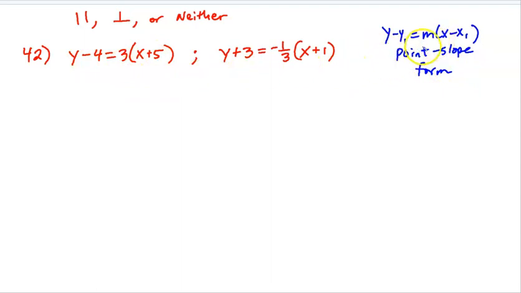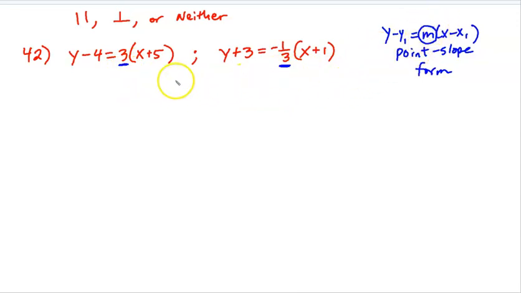Actually, they're both in point slope form. We look for the slope by looking at the number in front of the parentheses. So the slope of the first line would be positive 3, and the slope of this line would be negative 1/3. It's just a slightly different way of identifying slope in this form.